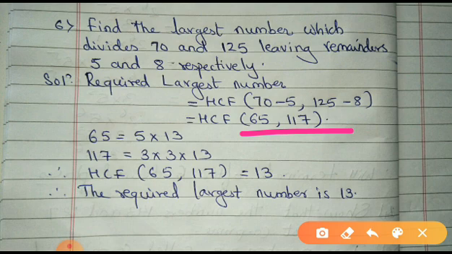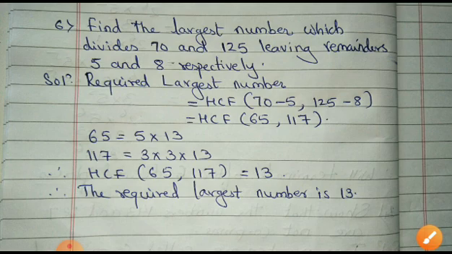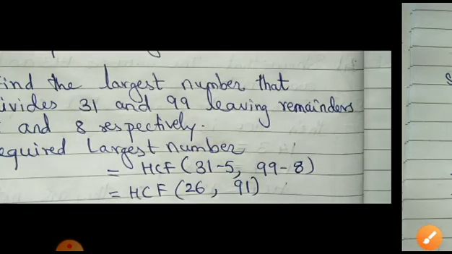So what is the HCF? HCF is 13. So the required largest number that will divide 70 and 125, leaving the remainders 5 and 8, is 13. Hope this is clear.